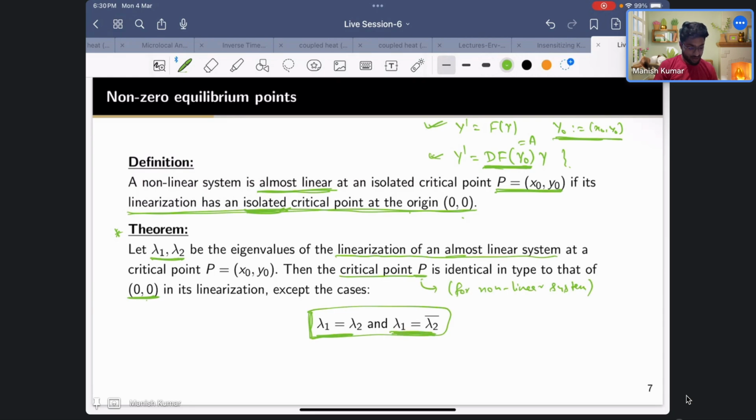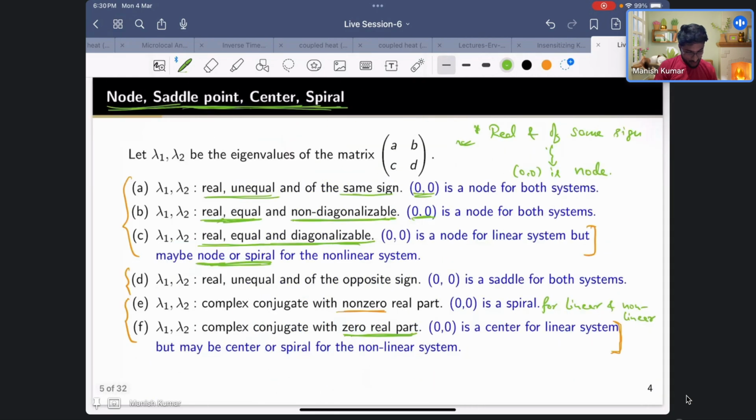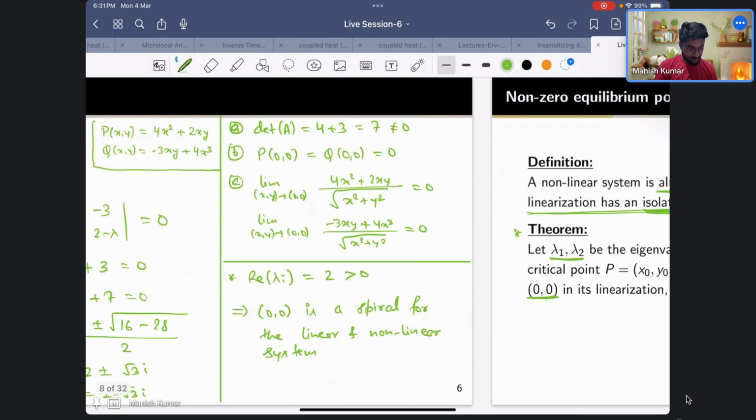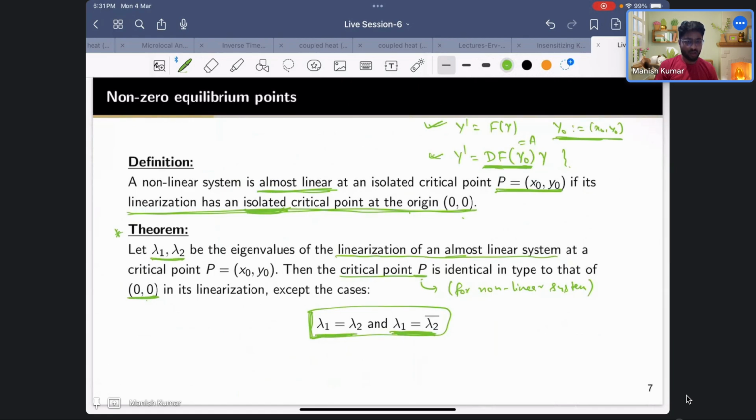Here they are real and equal, but if it's non-diagonalizable we can conclude about the nonlinear system, but in this theorem that part is not there. So if the eigenvalues are equal or purely imaginary, then we cannot say anything, but other than that we can conclude. The type would be the same.